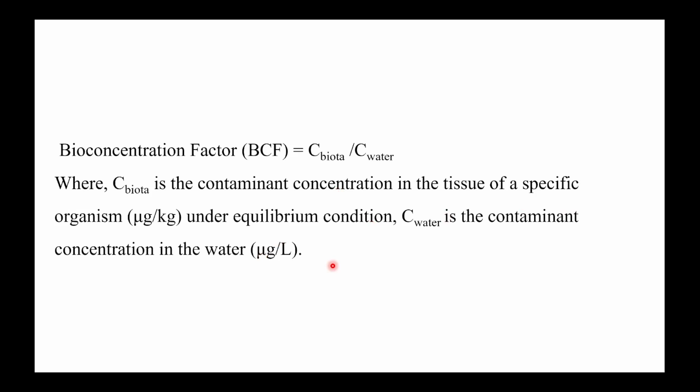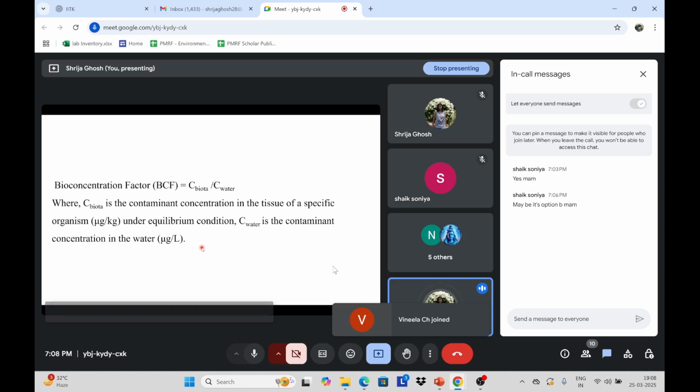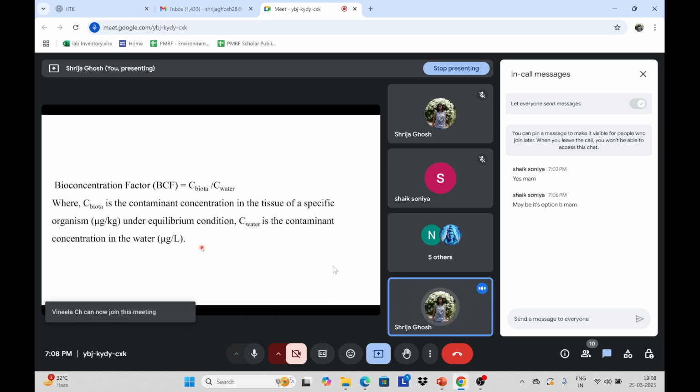Okay, and this is a very important factor, because if any compound has a higher bioconcentration factor, that means it is accumulated in high amount in the tissue of a specific organism, and that can be a health hazard. So that's why this factor is very important.